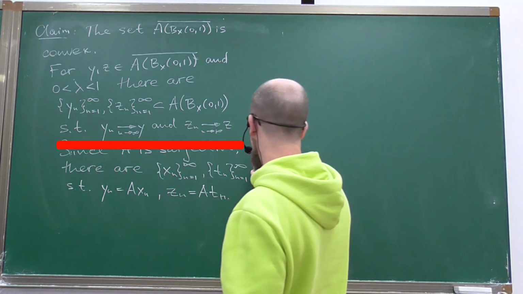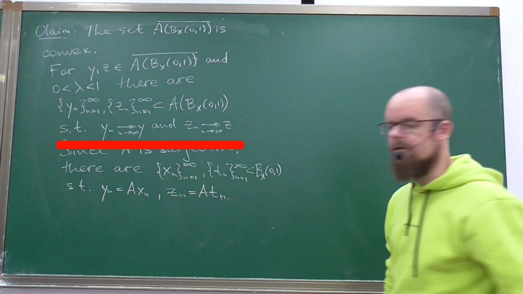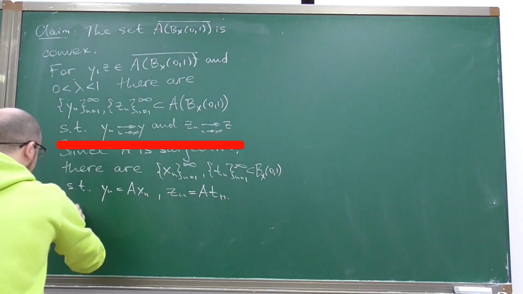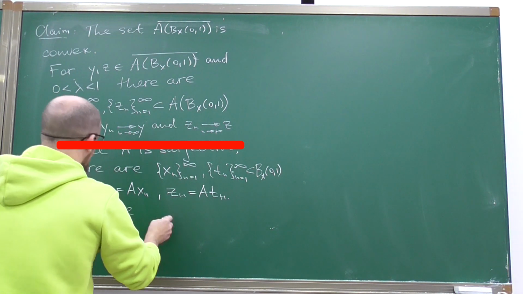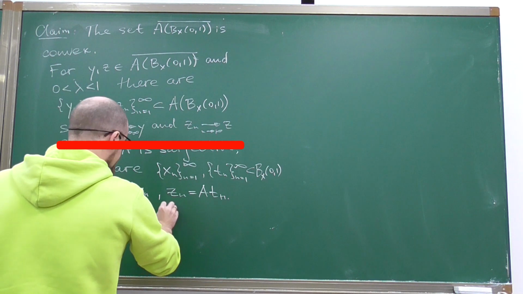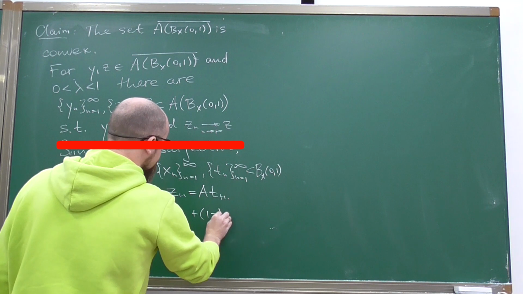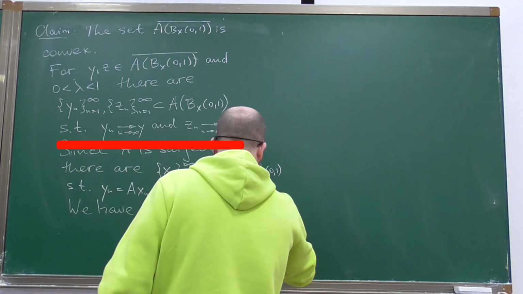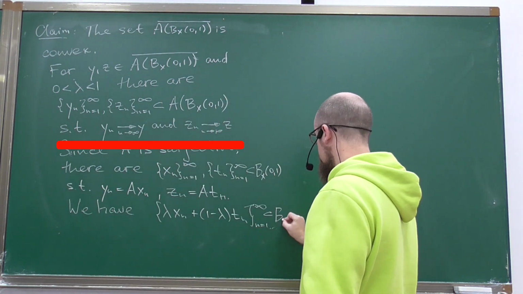Both of these sequences are in the unit ball in X. But since the unit ball is a convex set, we have that the sequence lambda xn plus 1 minus lambda tn belongs to the unit ball.